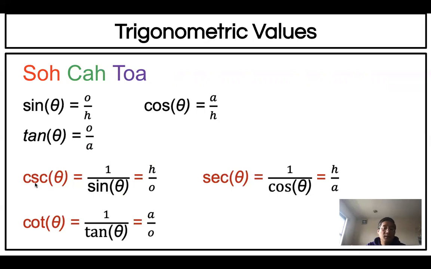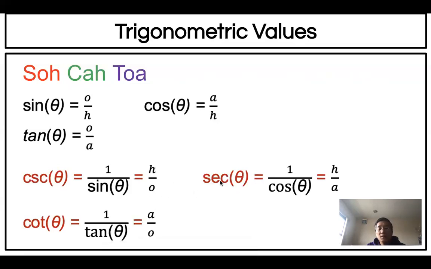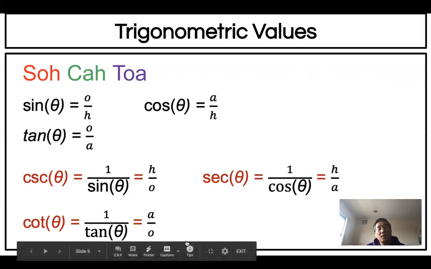So sine is O over H, so cosecant is H over O. Opposite, flip it. Secant is 1 over cosine. So if you know the cosine, you can just flip it for the secant. If you know the tangent, you can find the cotangent by flipping it, right? So O over A becomes A over O, all right?